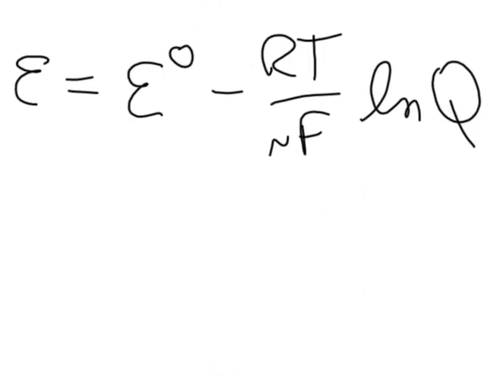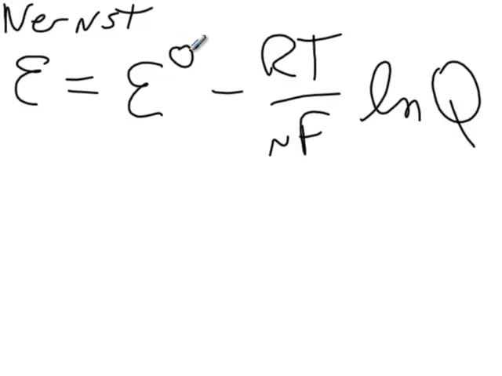The next equation we're going to talk about is the Nernst equation. That's spelled N-E-R-N-S-T, Nernst equation. The Nernst equation is when you have your cell under non-standard conditions. You'll notice we have an E here related to an E standard. The standard, of course, is standard conditions.